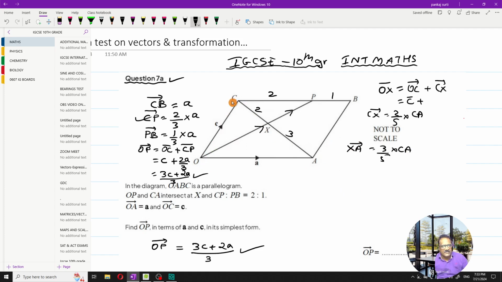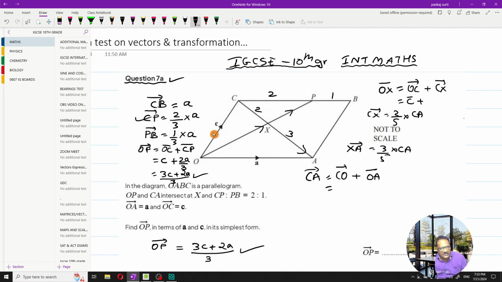Now, using the triangle law again, CA is going from C to A, in this direction. So CA will be equal to vector CO plus vector OA.